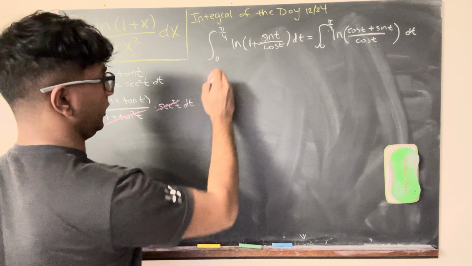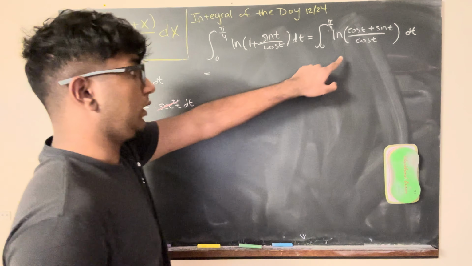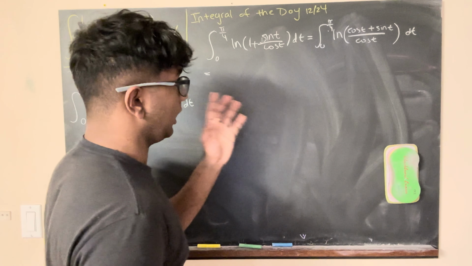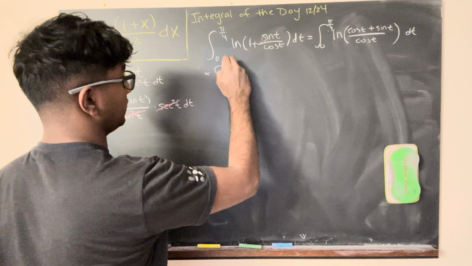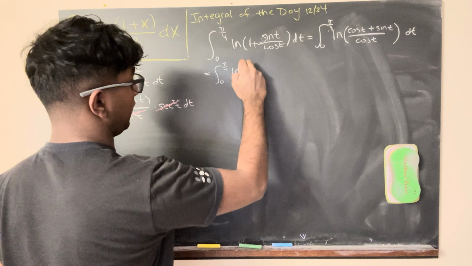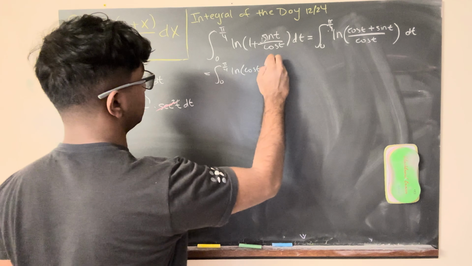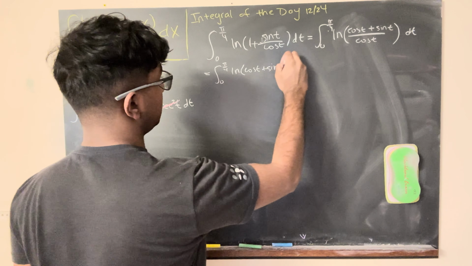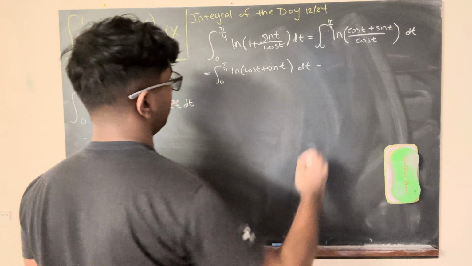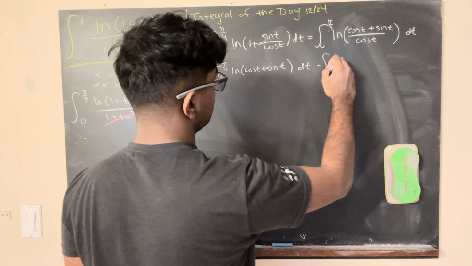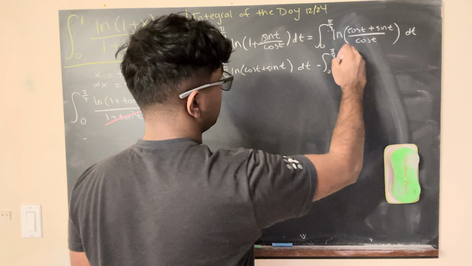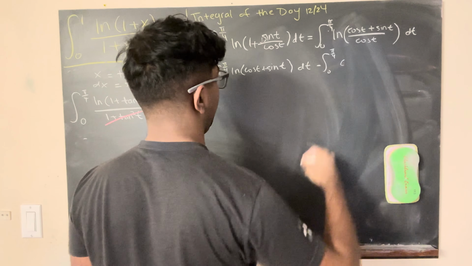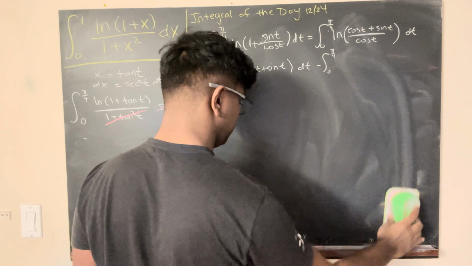And there's a logarithm rule that states that log of a over b is equal to log of a minus log of b. So we can utilize that here to create two separate integrals. So we get the integral from 0 to pi over 4 of ln of cosine t plus sine t dt minus the integral from 0 to pi over 4 of ln of cosine t dt.